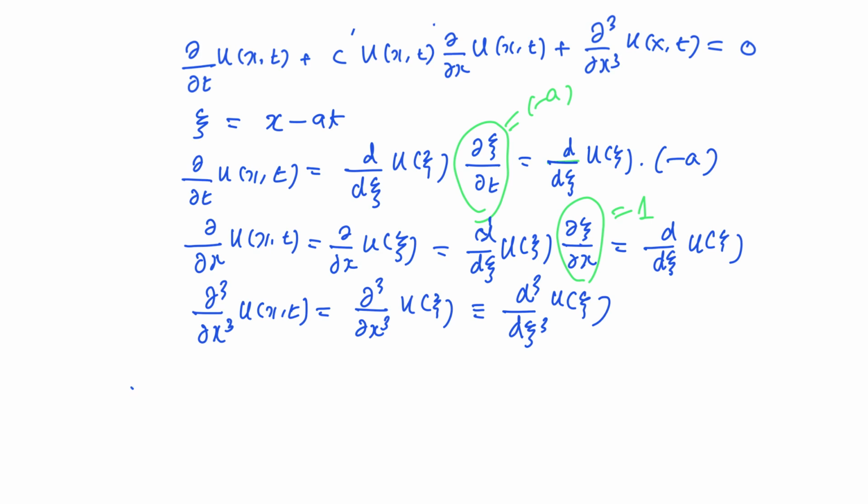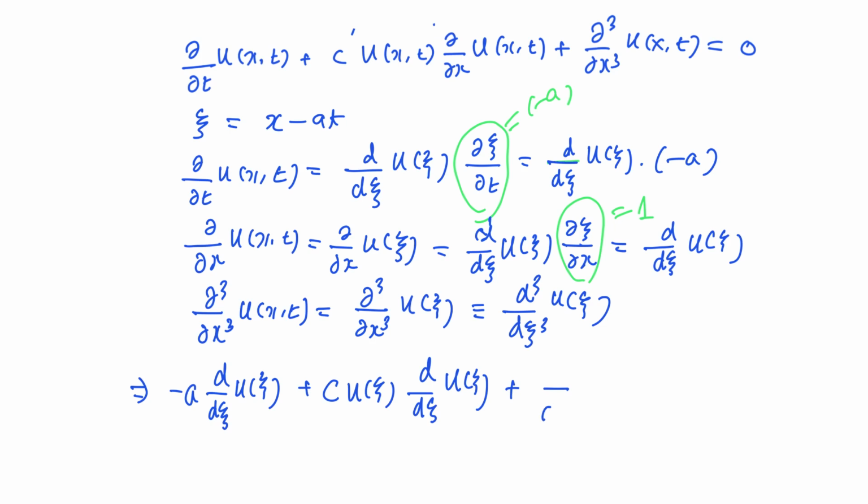Then our equation becomes minus a du/d psi plus c u(psi) du/d psi plus d cubed u/d psi cubed equal to 0.